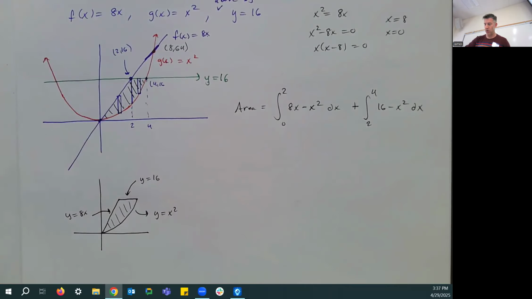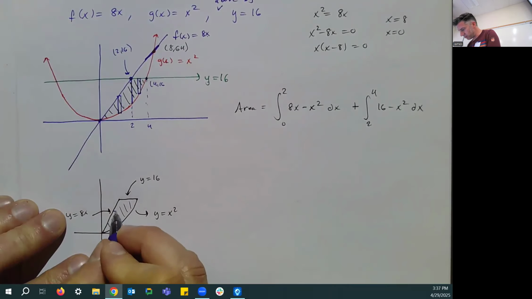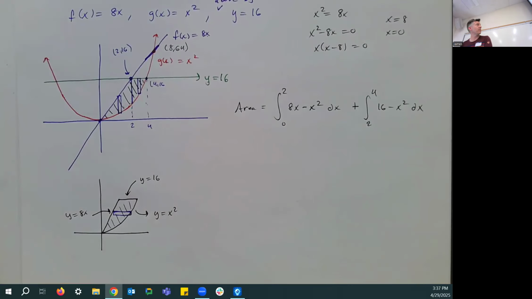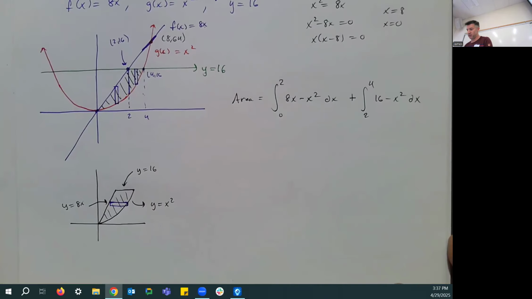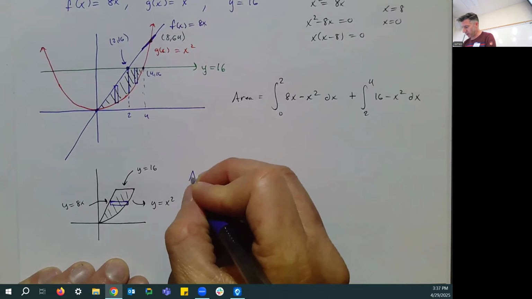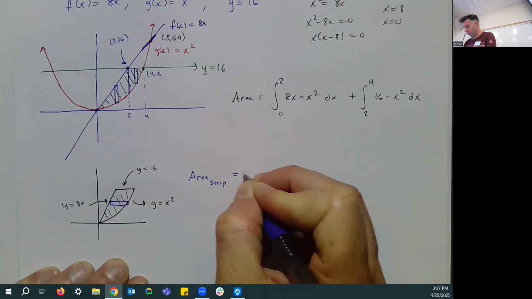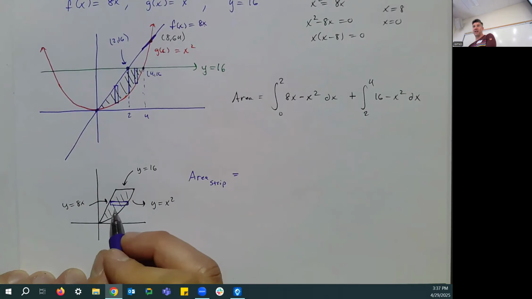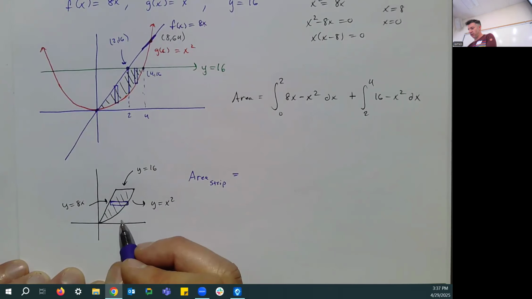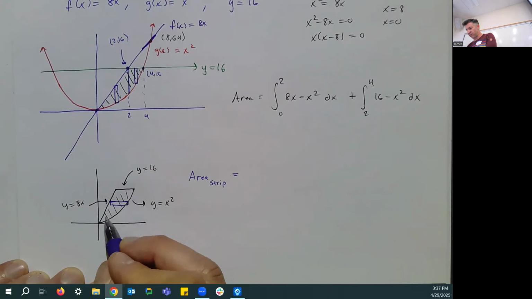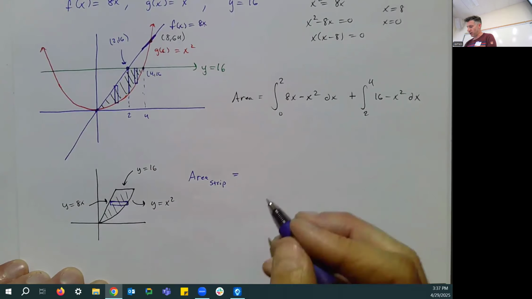Now we're using a horizontal strip. And just like last time, the area of my strip is my base times my height. So the area of my strip, or my rectangle, my base now is the length of the rectangle. And the length of the rectangle is the right function minus the left function.